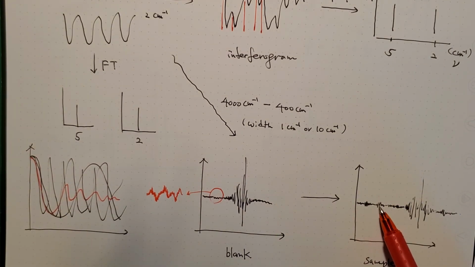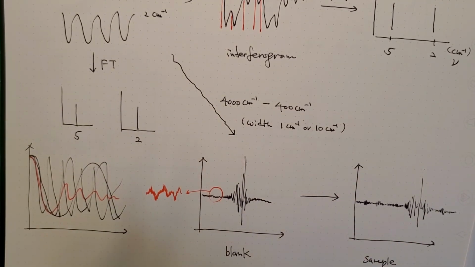And you can see some more blank and then less cancellations, making this line a little more rough and visible. And same over here. By just looking at that, we know something is absorbed.